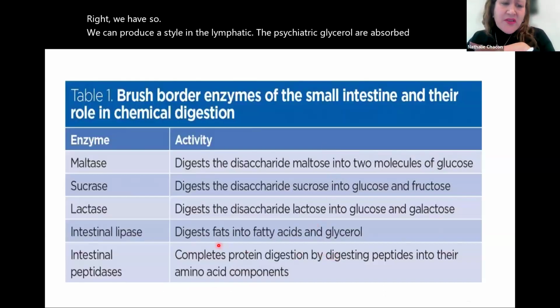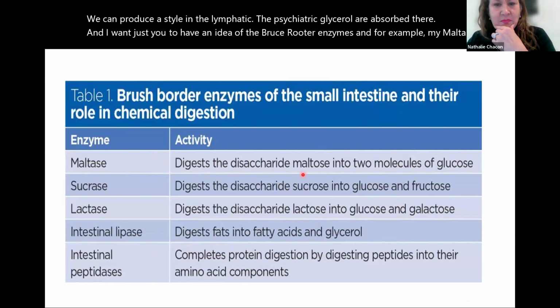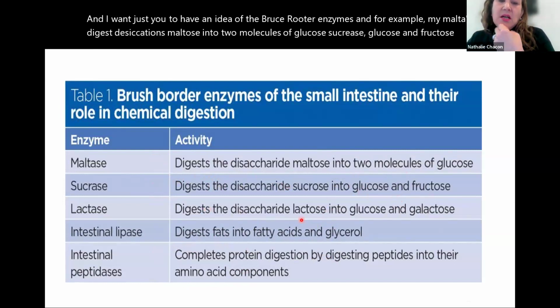I just want you to have an idea of the brush border enzymes. For example, maltase digests the disaccharide maltose into two molecules of glucose, sucrase into glucose and fructose, and lactase digests lactose into glucose and galactose.